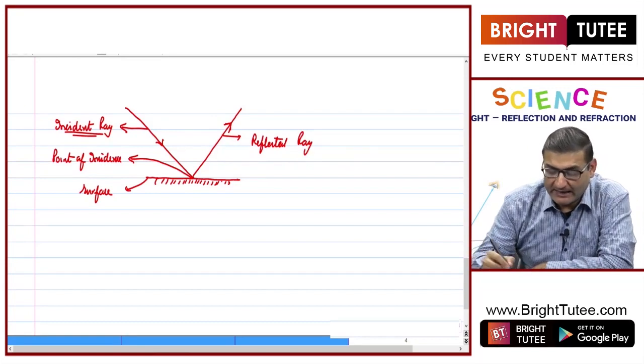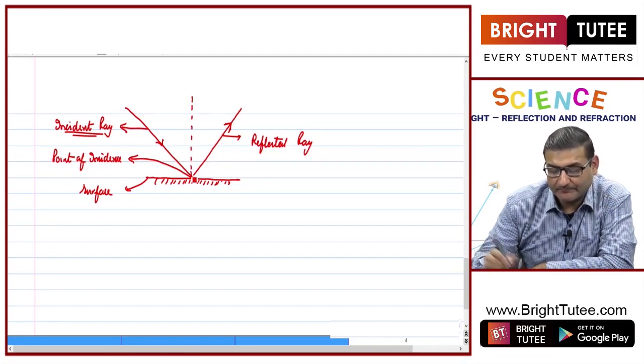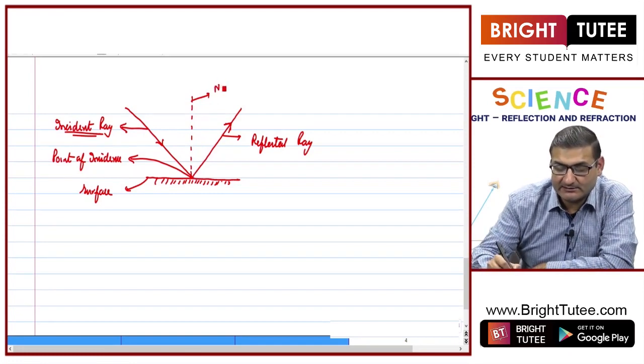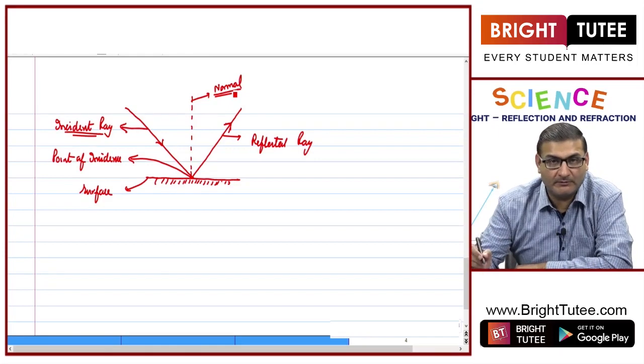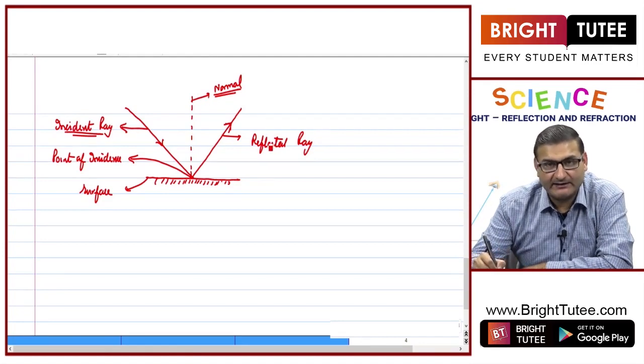At this point of incidence, if I draw a perpendicular, this perpendicular at the point of incidence is known as the normal, not the normal ray, it is the normal. Normal means perpendicular. So, incident ray, point of incidence, normal and reflected ray we have seen.